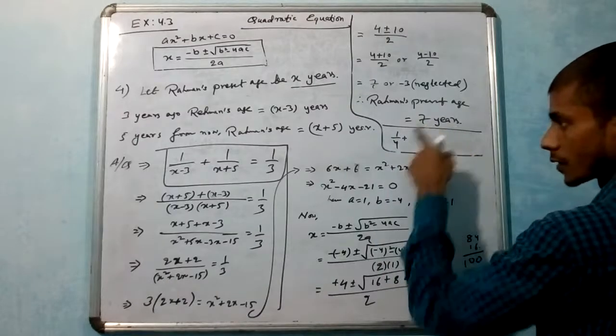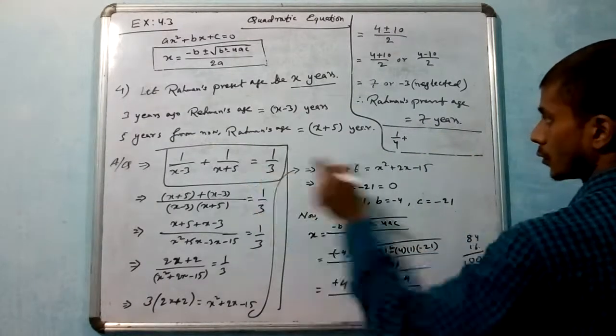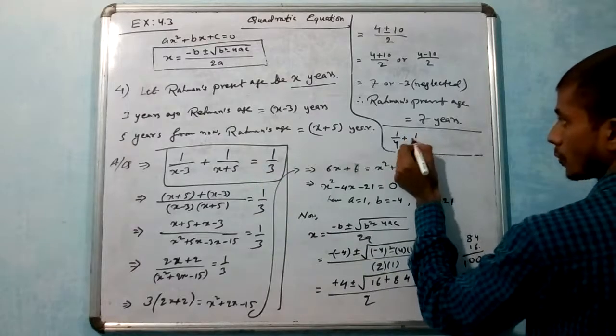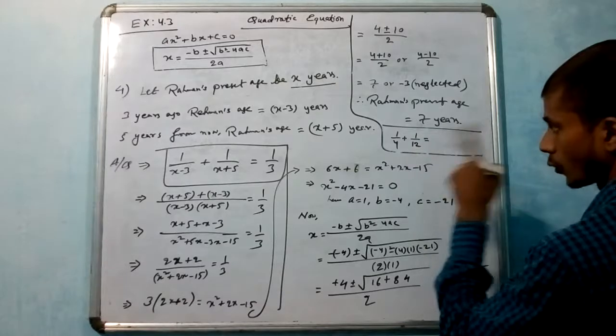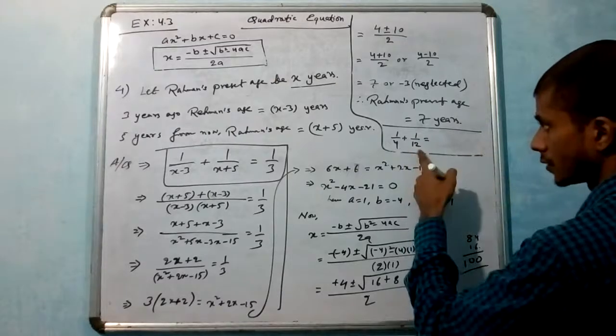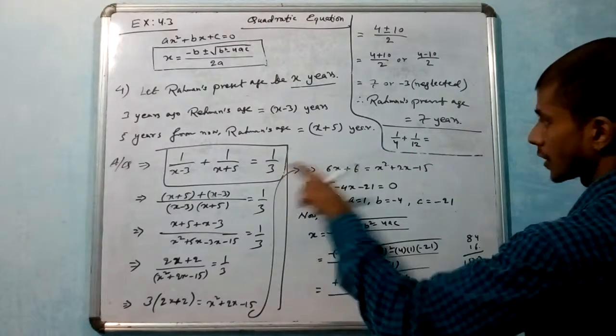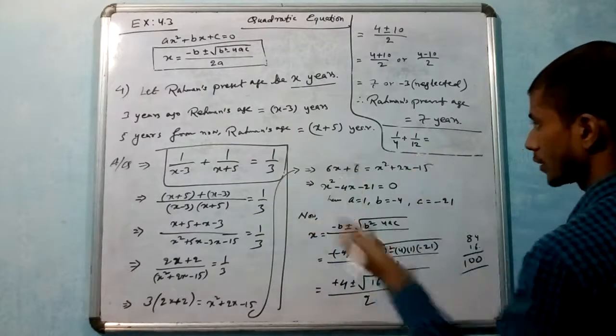So 1 by 12 according to the question, and after solving it must be 1 by 3. If we are getting 1 by 3 after solving this, it means we have got the correct solution, isn't it? So let us solve.